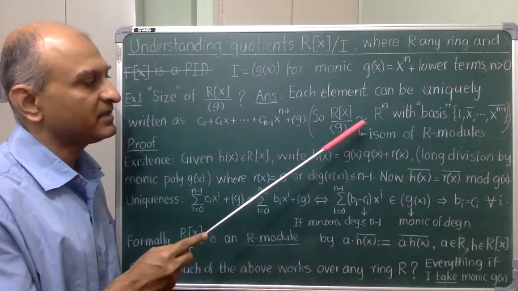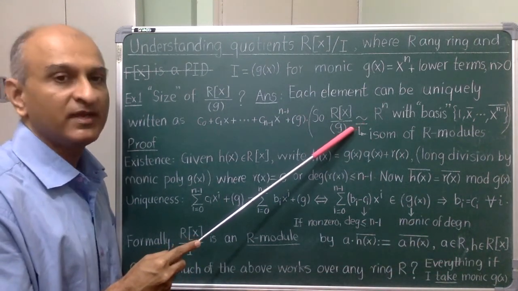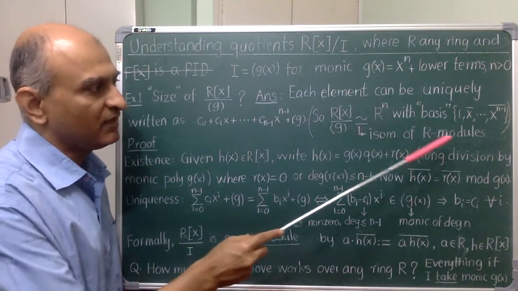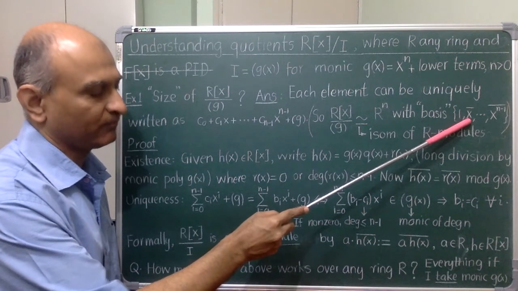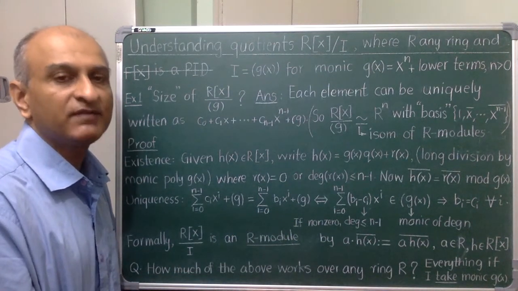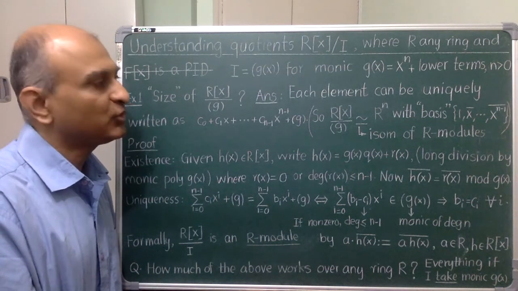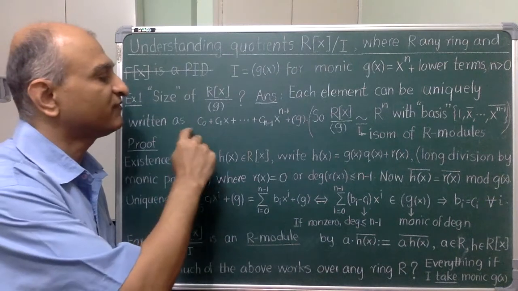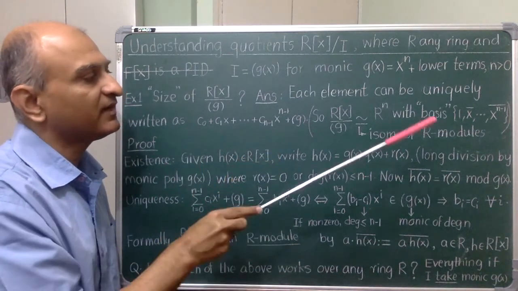And then the statement is that this quotient ring, when g is a monic polynomial, is a free R-module with the same basis as before. This is interesting because in general, modules may not even have a basis. But you can ignore everything about modules for now and remember just the first statement, which is equivalent to this second one.